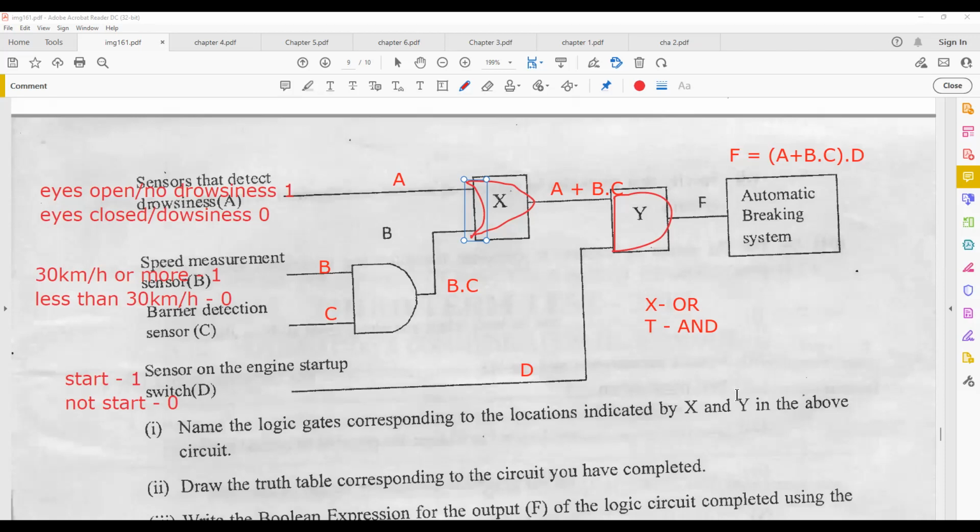Right, now draw the truth table. So you know how to draw the truth table. We have 4 inputs.